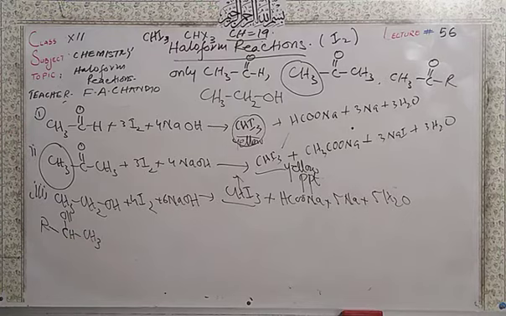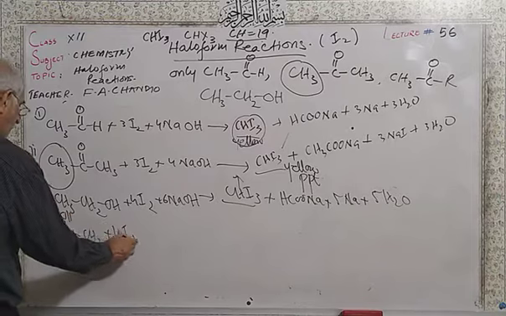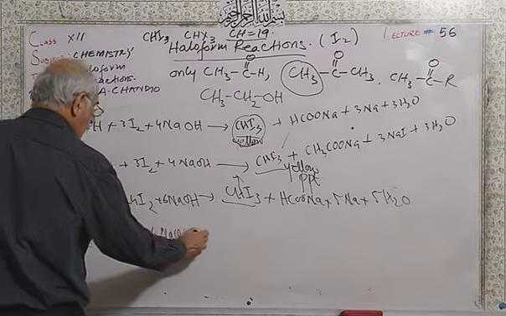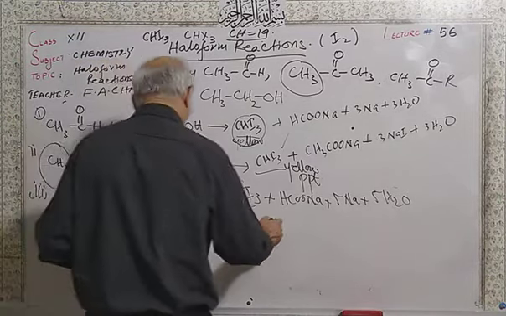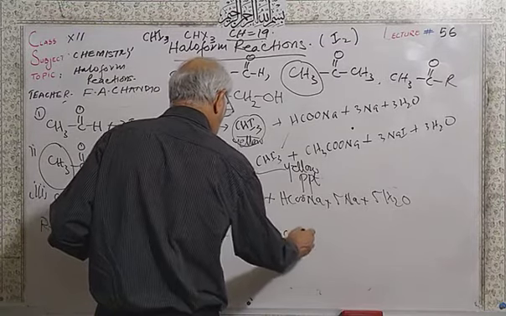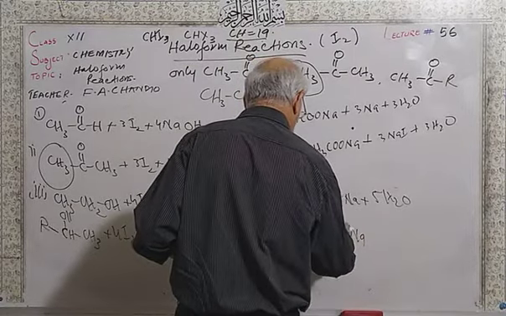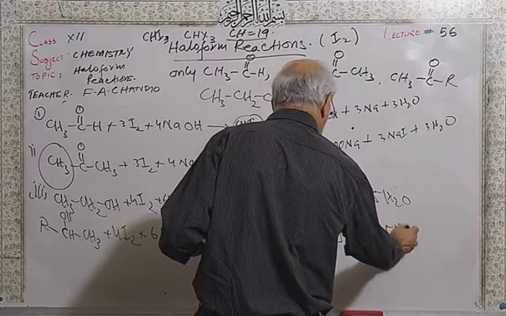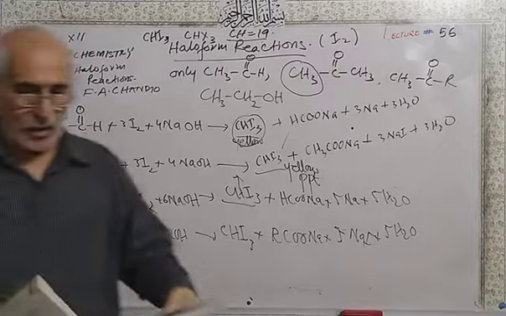So this is a secondary alcohol. You can use for this 4 moles of iodine, 6 moles of sodium hydroxide. The product is iodoform. Yes, iodoform is going to form a yellow precipitate. You will get the acetate group plus 5 moles of sodium iodide and 5 moles of water. So these give iodoform.